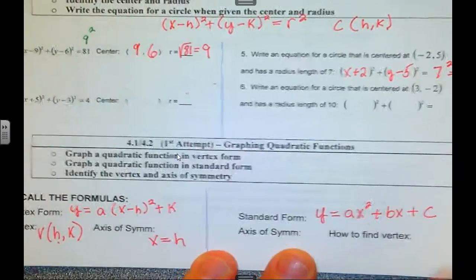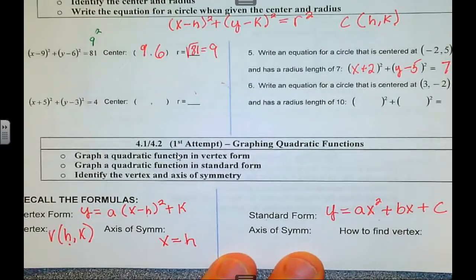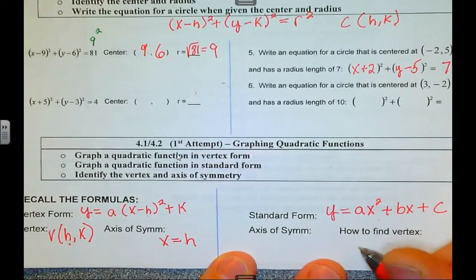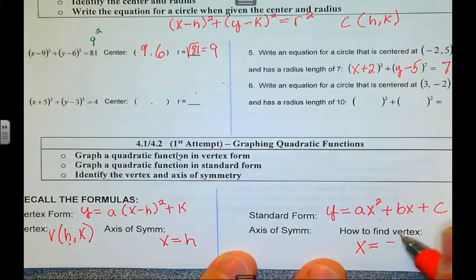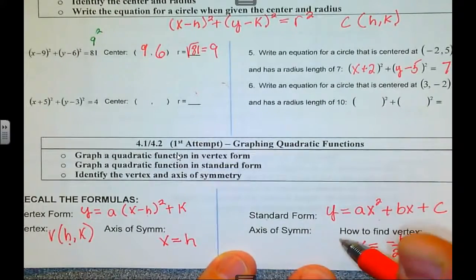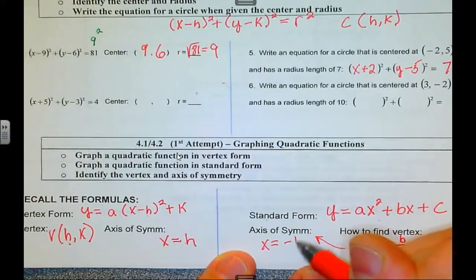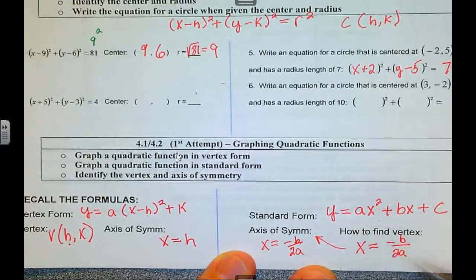Okay. How do you find the axis of symmetry? Well, first you have to find the vertex. Okay? The vertex, or the x value of the vertex, equals -b over 2a. Okay? Once you find that x value, that's your axis of symmetry, right? X equals -b over 2a.